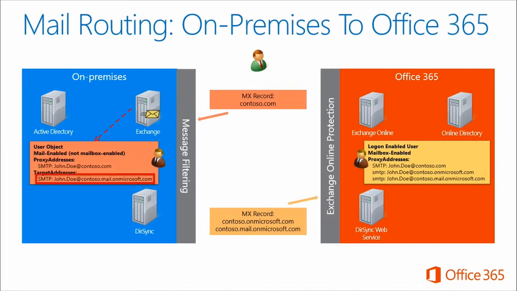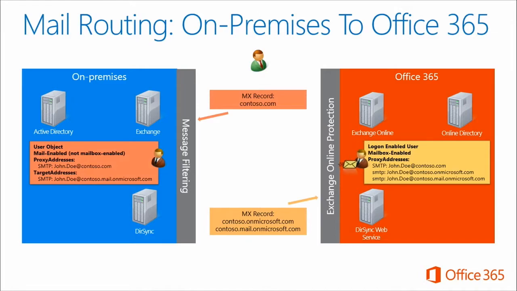Oh, by the way, there's a target address. That target address is what directory synchronization created to then push that mail through to the baseline.onmicrosoft.com, but then to that user, john.doe@contoso.com. So it lands in Exchange Online. End user has no wherewithal of how that got there. They simply are using email.